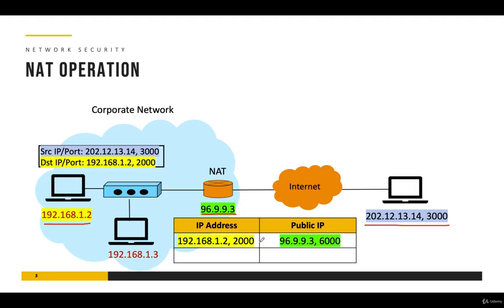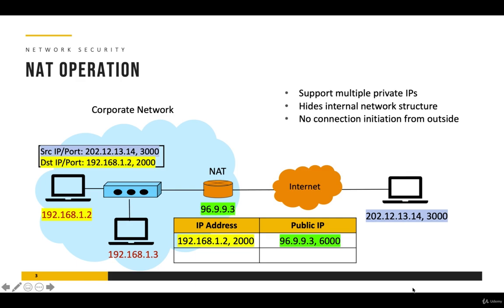And in this way, if you have multiple internal systems, the NAT can simply replace the internal private IP address with its own public IP address and do this translation. So this way it can support thousands of internal private IP addresses, and you don't even need to buy public IP addresses. So NAT basically supports multiple private IP addresses.